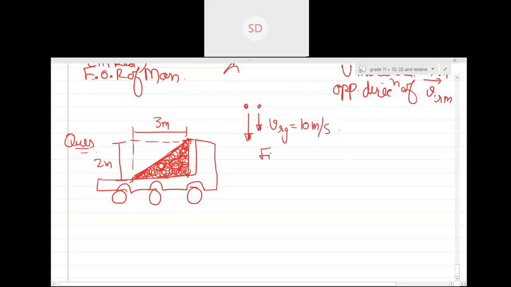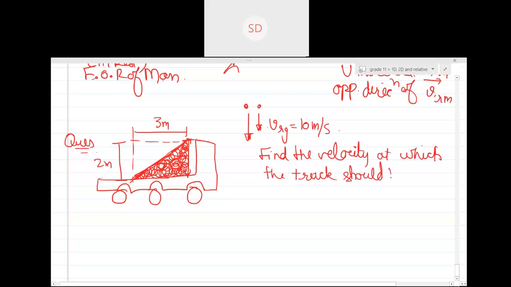Find the velocity at which the truck should move so that the cotton bags will not get wet.